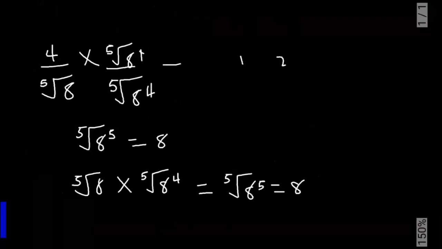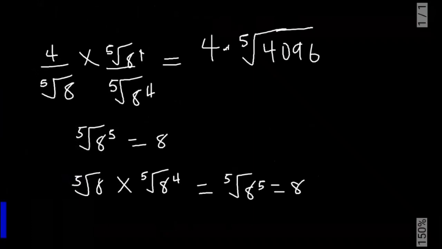So this would give us 4 multiplied with the fifth root of 8 to the power 4. 8 to the power 4 is 4096, over 8 here.